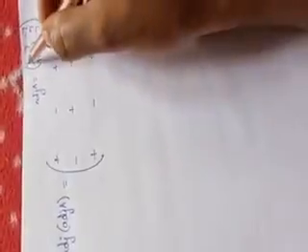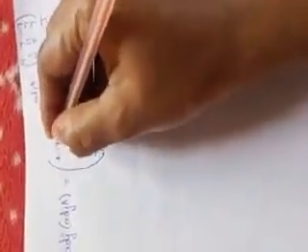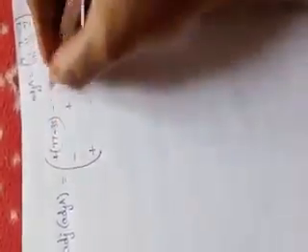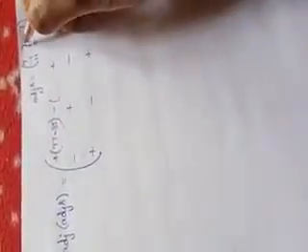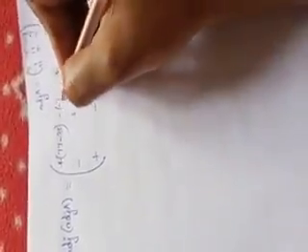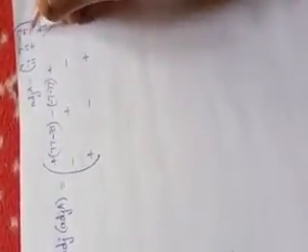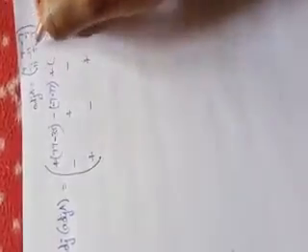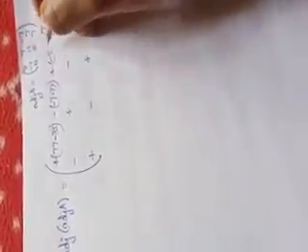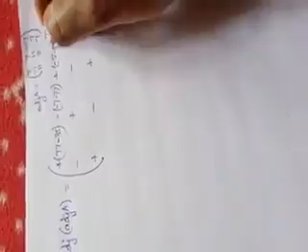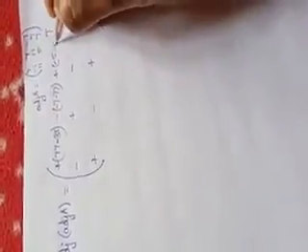For this position, leave that row and column: 11 into 7 is 77, minus 5 into 7 is 35. Now for the second position, leave that row and column: minus 1 into 7 is minus 7, minus 77. For this position, leave that row and column: minus 1 into 5 is minus 5, minus 11 into 11 is 121.